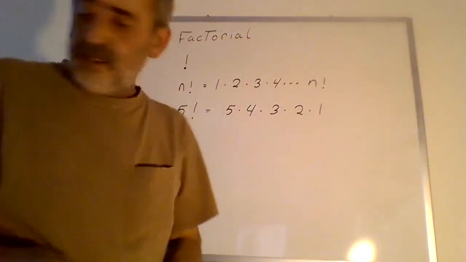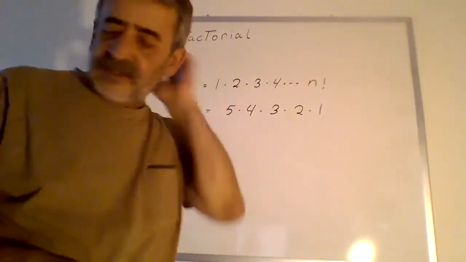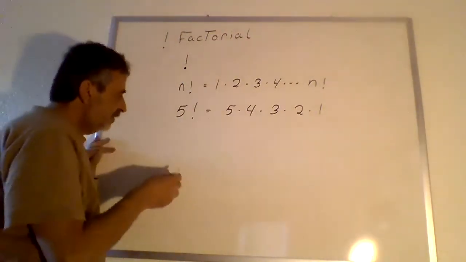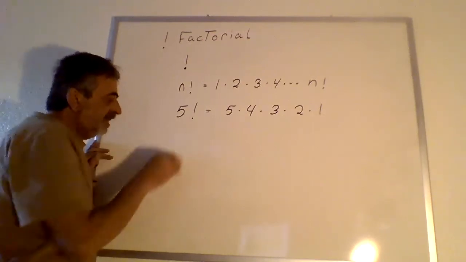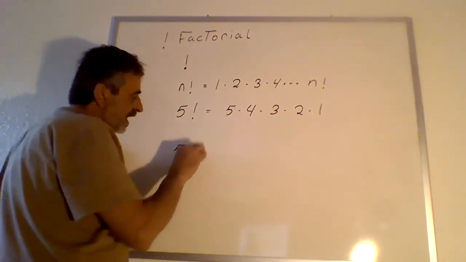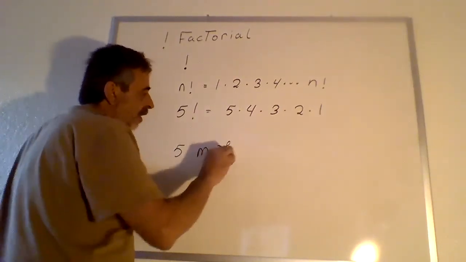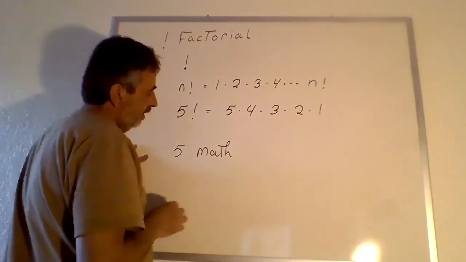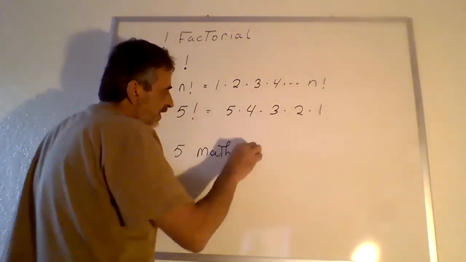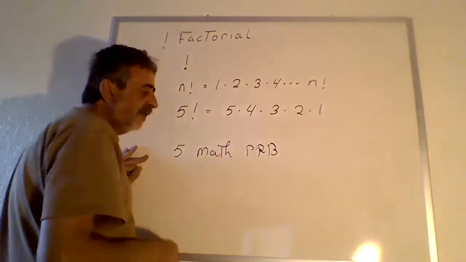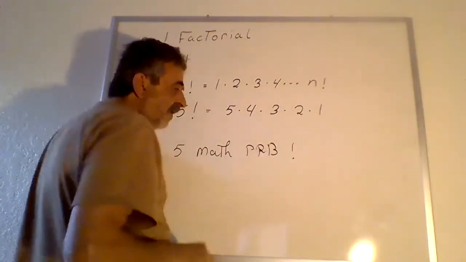Now, using your calculator to figure out the factorial, first you write the number 5, and then you press the key math, and then you go to the probability, and then under the probability, you should find the term factorial.